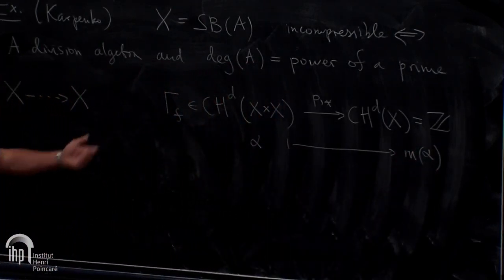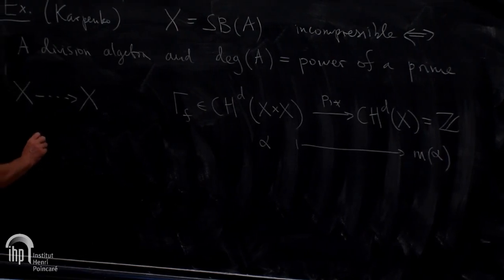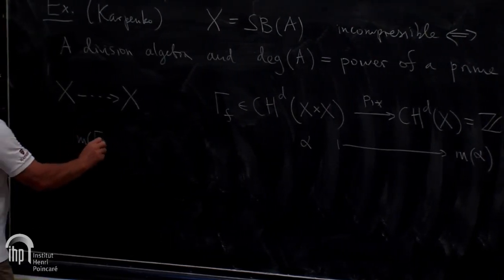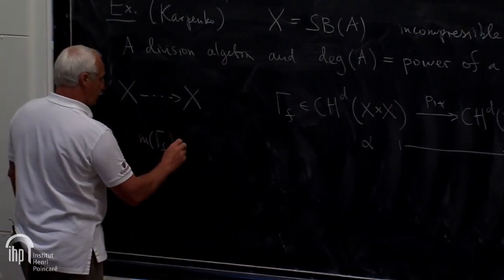So the multiplicity of the graph is equal to 1 because it comes from a morphism.